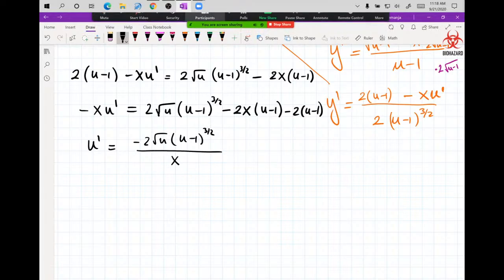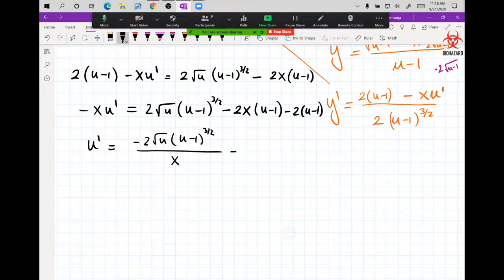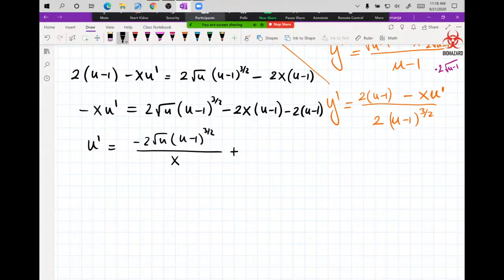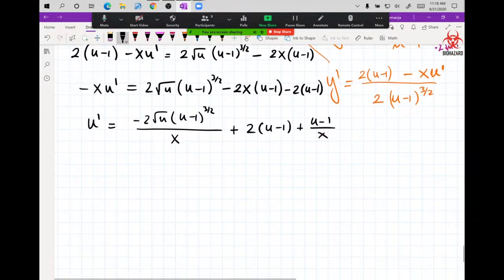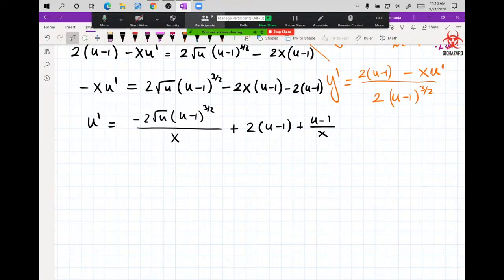divided by x, minus 2 is gone, so this is just a u over here. I mean, sorry, plus, because of the negative x is gone, so it's just 2u minus 1. But over here, I have plus 2 is gone, u minus 1 over x. And I can put the first and the last term together.